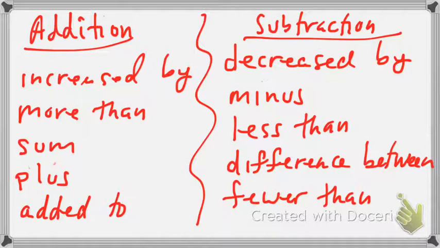Okay, so for addition, here's what I came up with, and you're welcome to have more than what I have: increased by, more than, sum, plus, and added to. For subtraction: decreased by, minus, less than, the difference between, and fewer than.